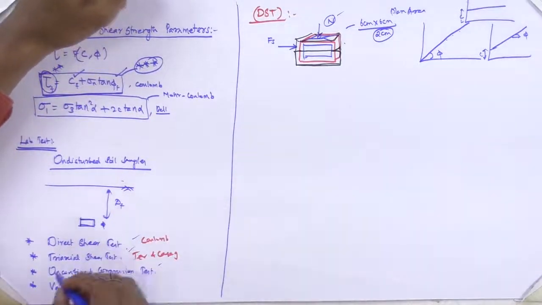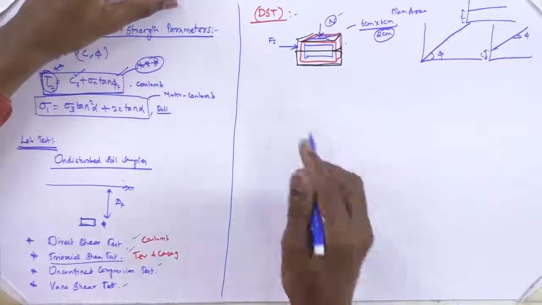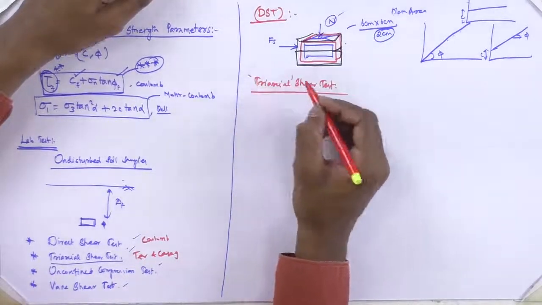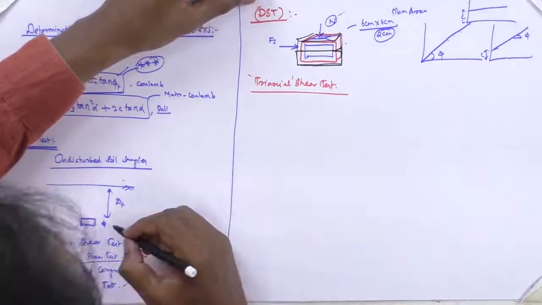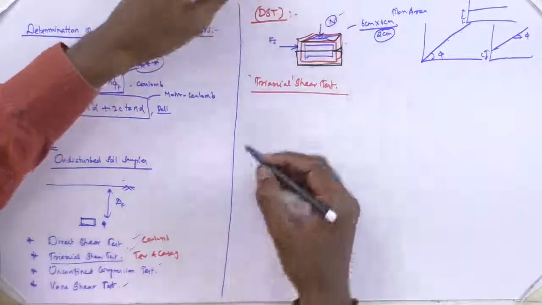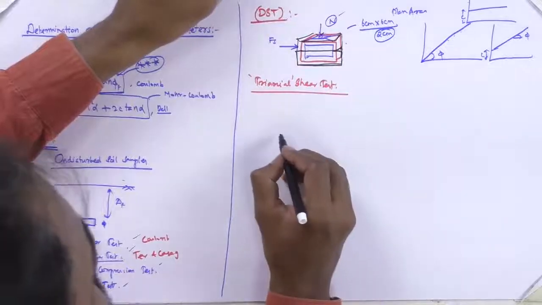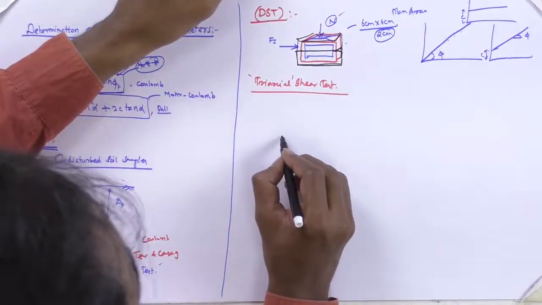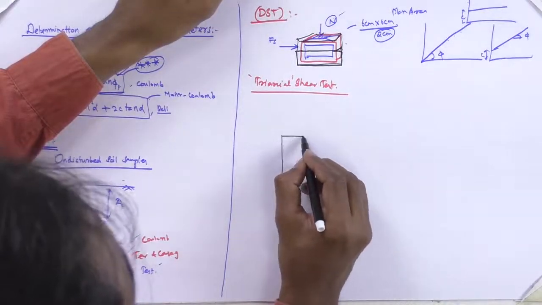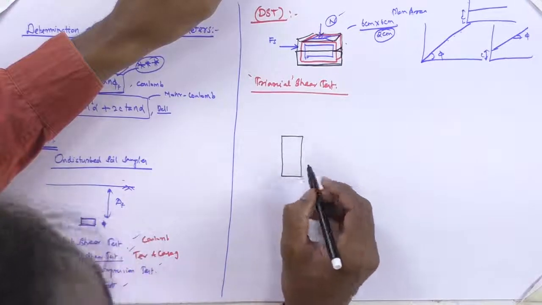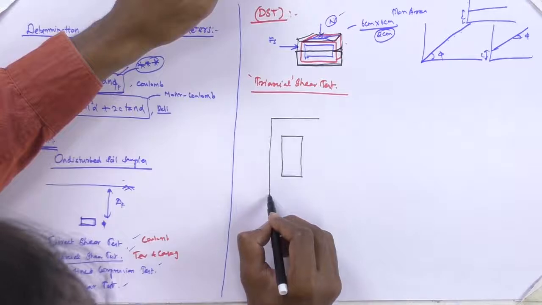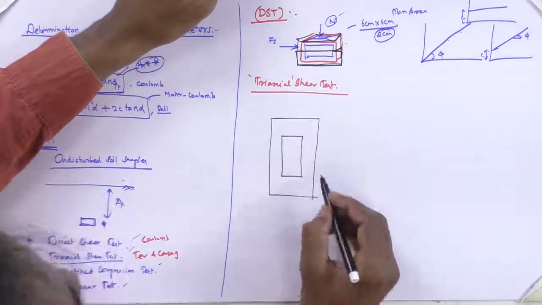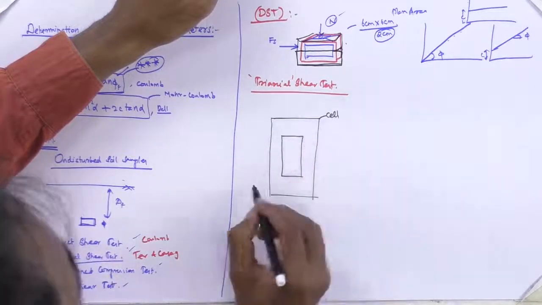Let us see the triaxial test. It is a very major part. How did it get the name triaxial shear test? Whereas here we collected a sample like this, here I am going to collect a cylindrical sample and place it in a triaxial cell like this.